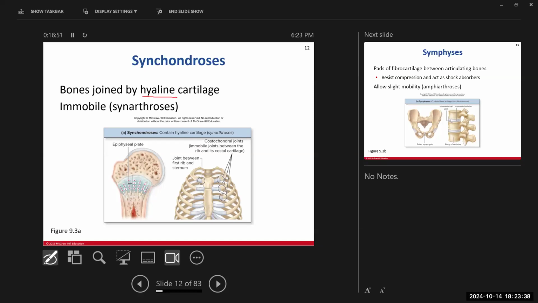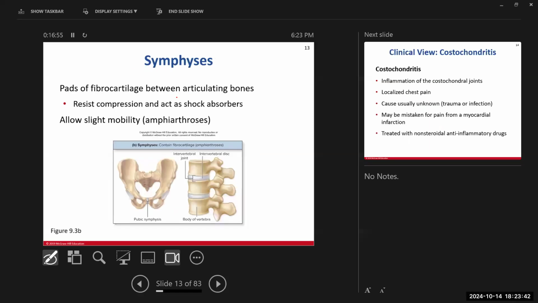So the other type of cartilaginous joint is going to be the Symphyses. And so these joints we see in more weight-bearing areas, right? Places that have to undergo a lot of compression. So the spine is a perfect place for that. The intervertebral discs are going to be those areas where we're going to see a lot of compressive forces.